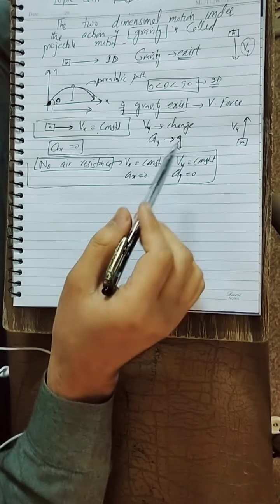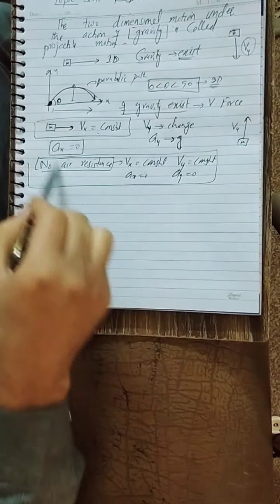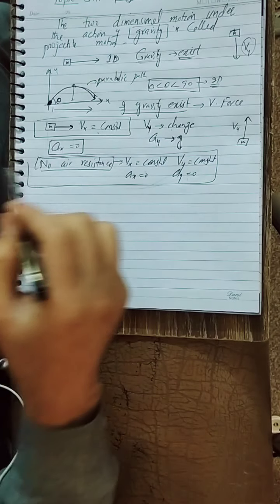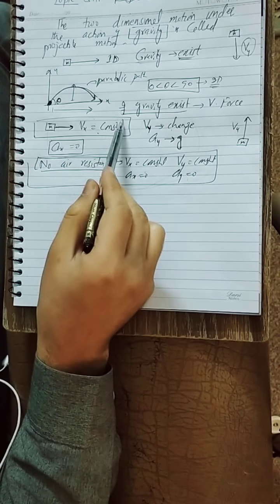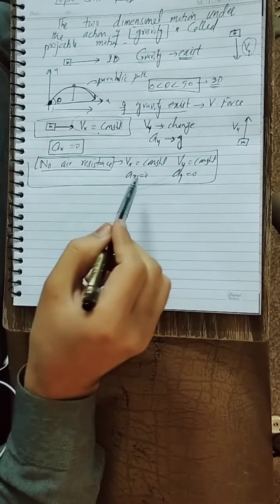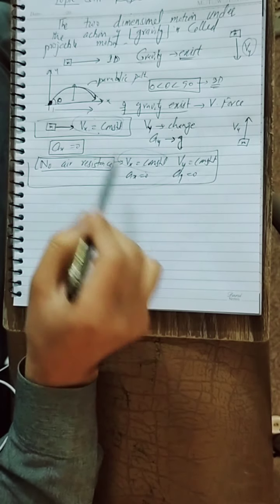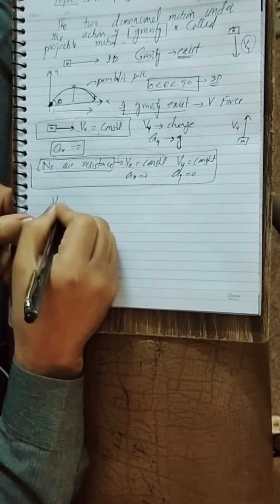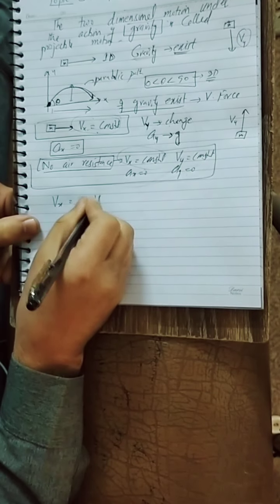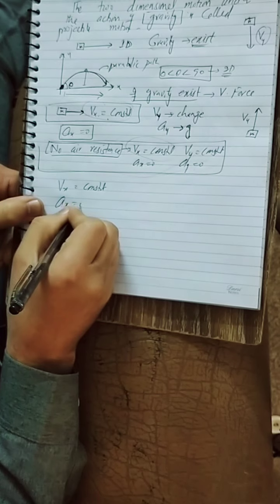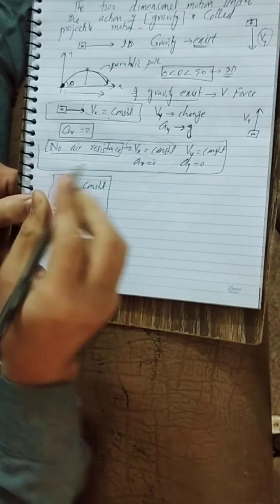So as a whole, if we consider both forces, we observe that in both cases the horizontal velocity is constant. It means that in the whole projectile motion, the horizontal velocity will be constant throughout the projectile motion.